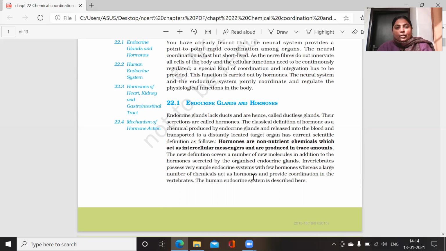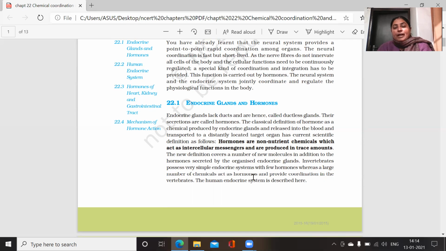Okay, students, the endocrine glands produce these hormones. The endocrine system also varies according to the type of organism. The simplest types of organisms, or invertebrates, have a very simple type of endocrine system, and they produce only a few hormones.